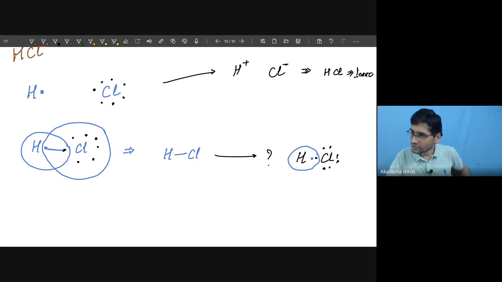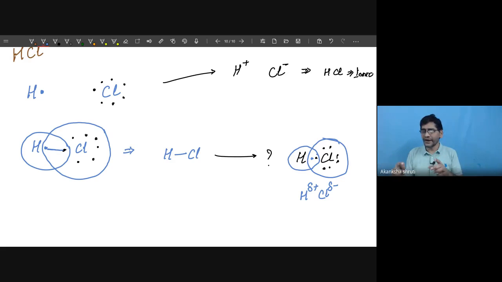Though it is shared by hydrogen, it is under more influence or control of this chlorine. So in this case, hydrogen carries a certain amount of positive charge, not the complete positive charge, denoted by delta plus. And this chlorine also carries a certain amount of negative charge, not the complete, because it is not a complete transfer, it's still sharing, but with more domination of chlorine.